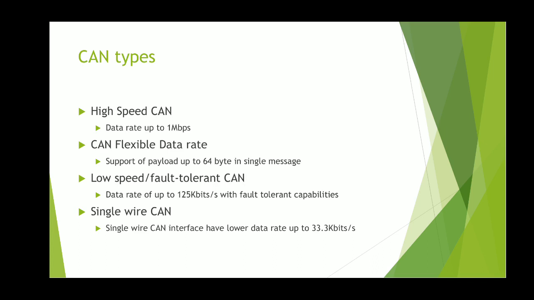In high speed CAN, the data rate can reach up to 1 Mbps. In flexible data rate CAN, the data rate can also reach up to 1 Mbps, and it also supports a CAN payload of 64 bytes in a single message frame.